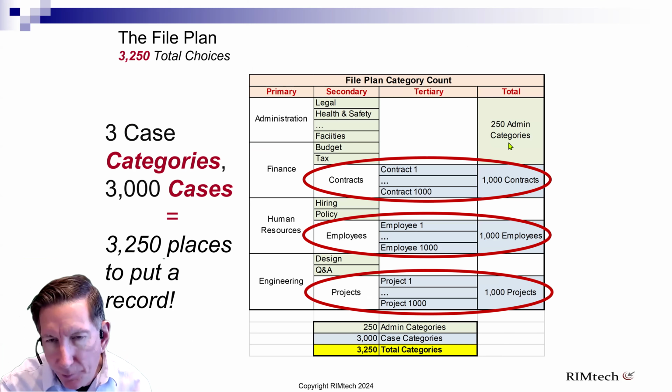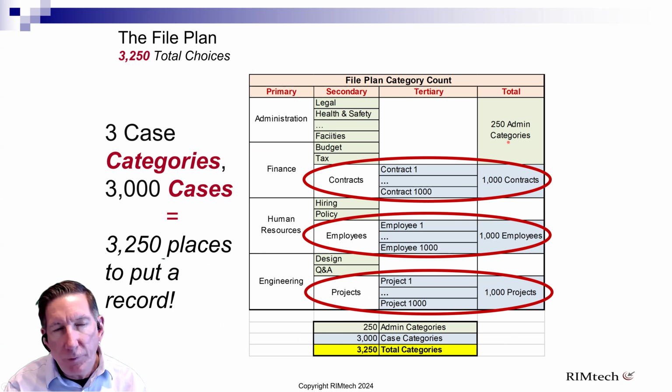So here's where it kind of comes together here. We have a retention schedule with 253 categories in it, business activities. 253. 250 of them are not case categories. They're admin categories. 3 of them are case categories, contracts, employees, and projects. We have 1,000 contracts, 1,000 employees, and 1,000 projects, which means we have 1,000 contract cases, 1,000 employee cases, and 1,000 project cases.